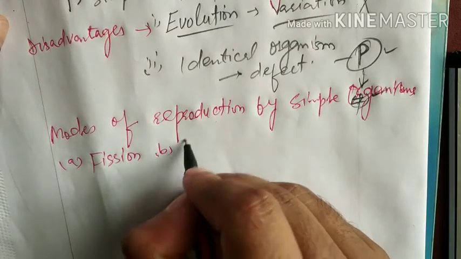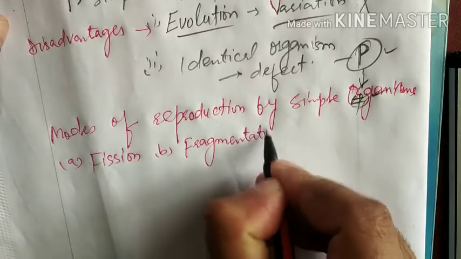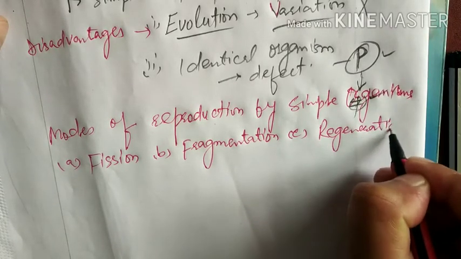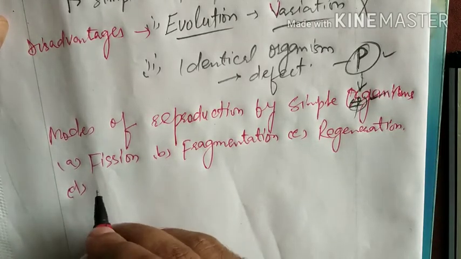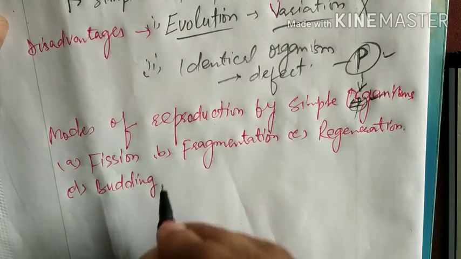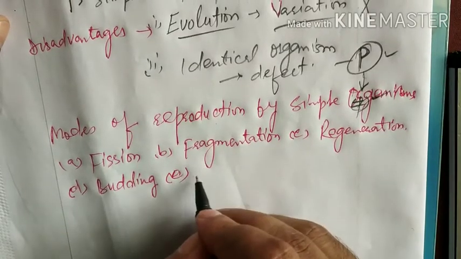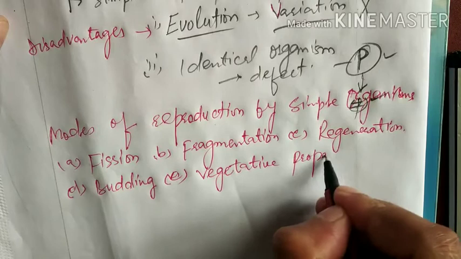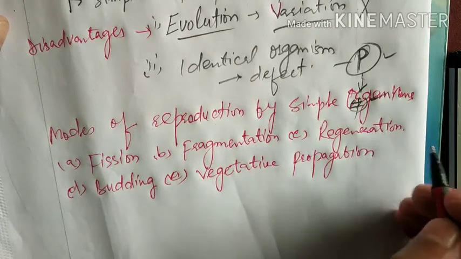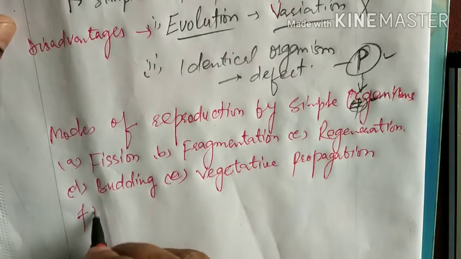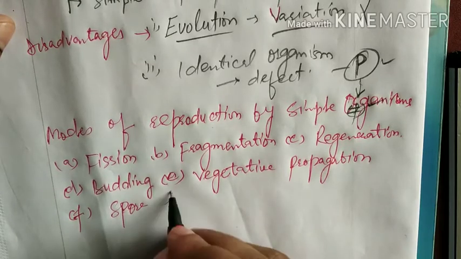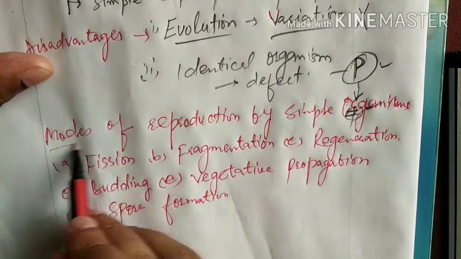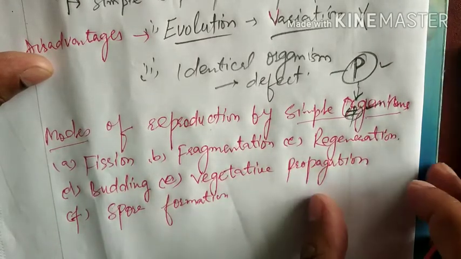Then we can have fragmentation, then regeneration, then budding, then vegetative propagation. After vegetative propagation, the final thing that we are going to discuss is spore formation.